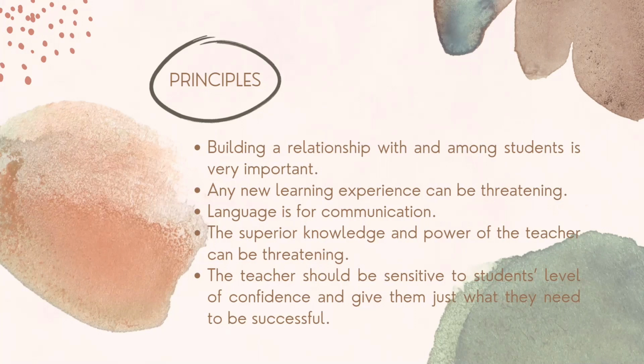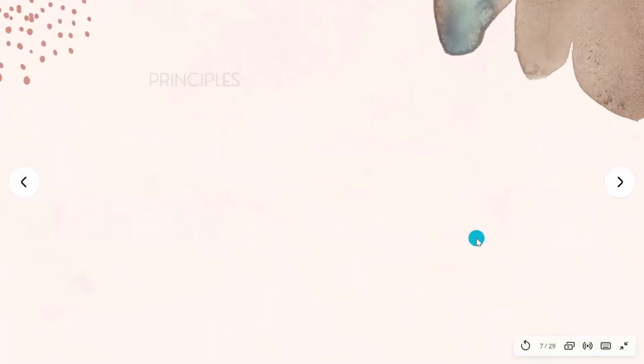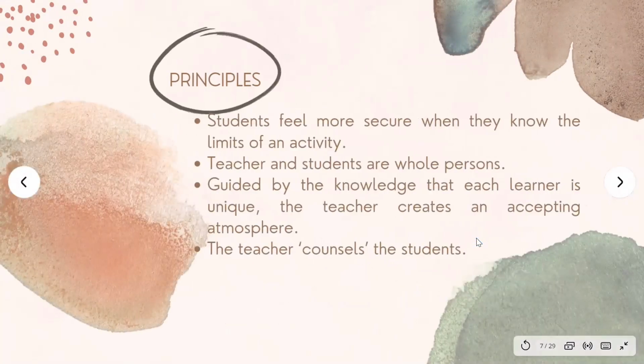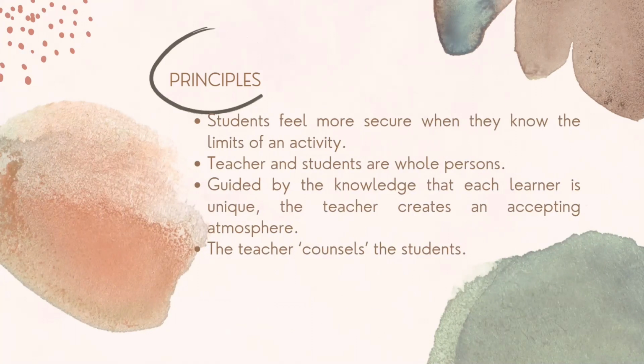Next, the teacher should be sensitive to students' level of confidence and give them just what they need to be successful. In CLL, students feel more secure when they know the limits of an activity. Teacher and students are whole persons.